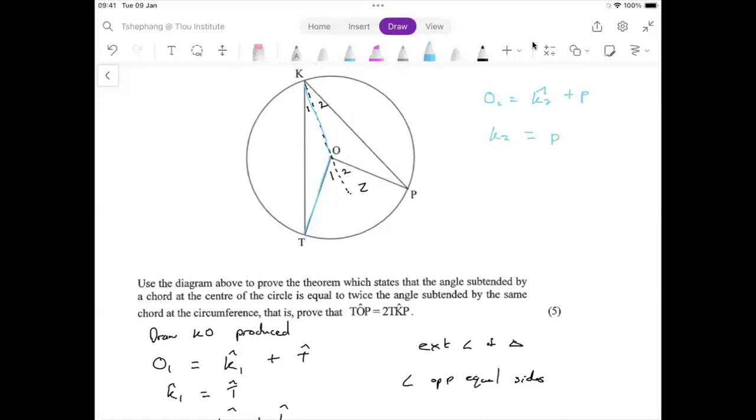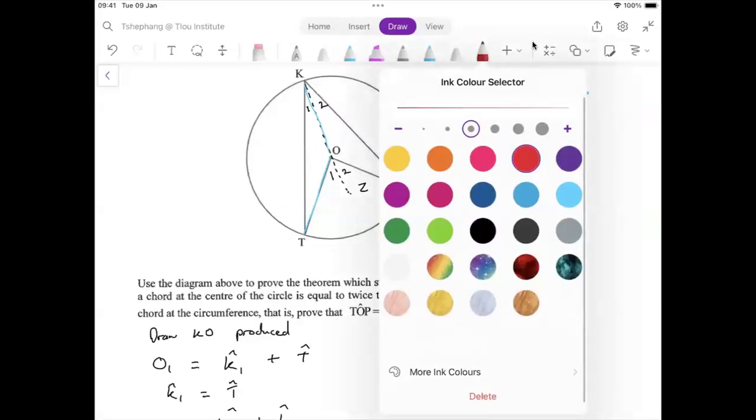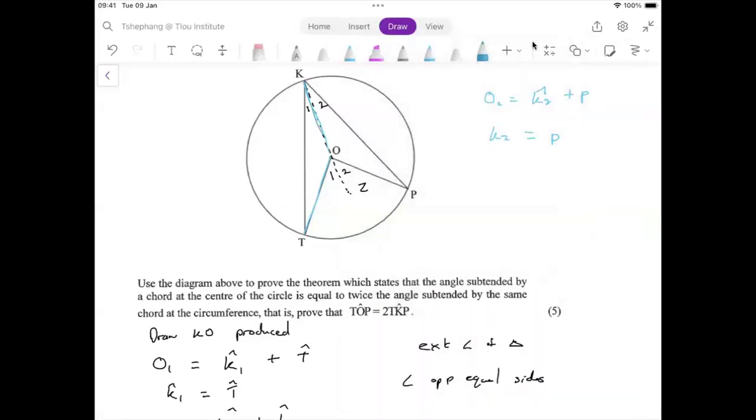Because we have a radius and another one, so now we are dealing with this triangle. It's an isosceles triangle as well. So K2 is equal to P, angles opposite equal sides.